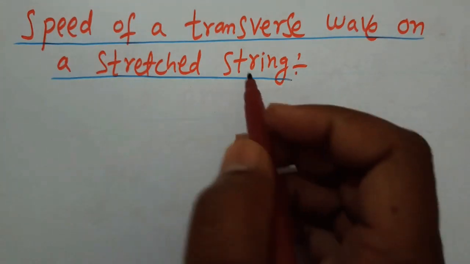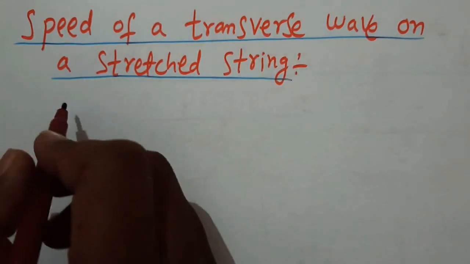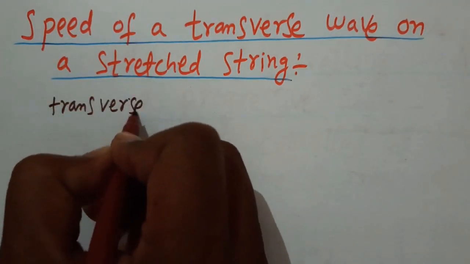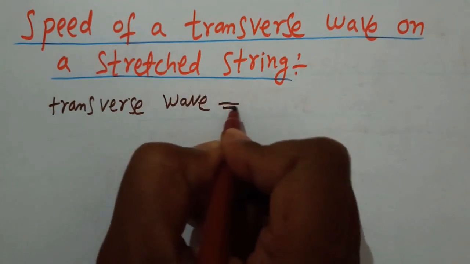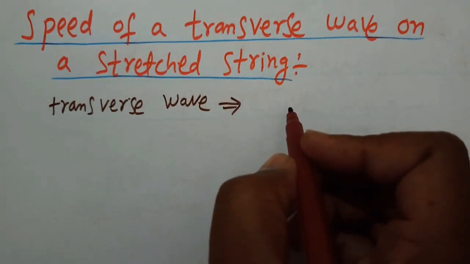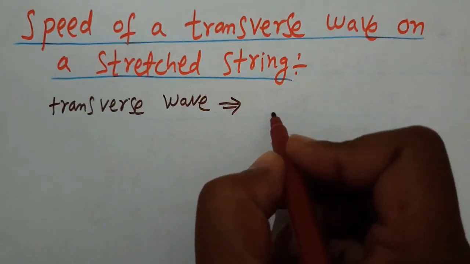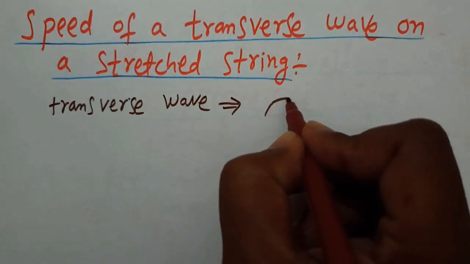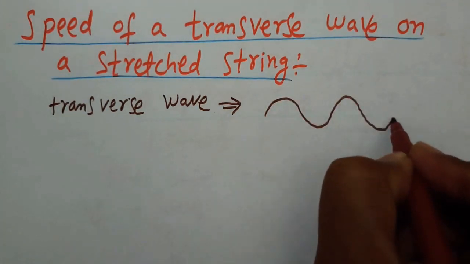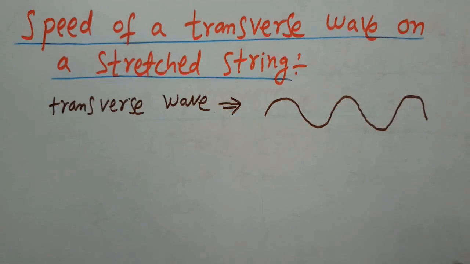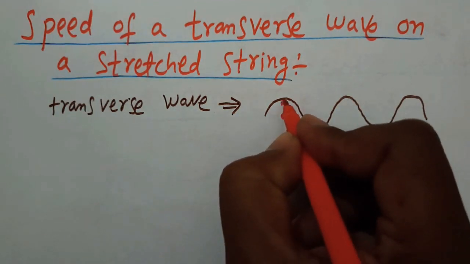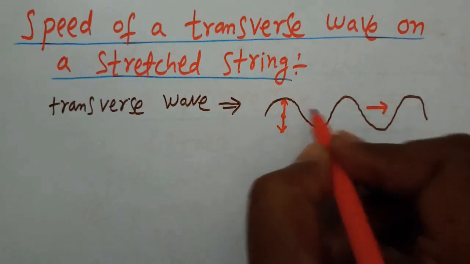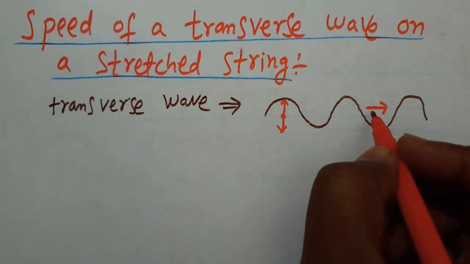We know in transverse waves the direction of oscillating particles and the propagation of the wave are perpendicular to each other.